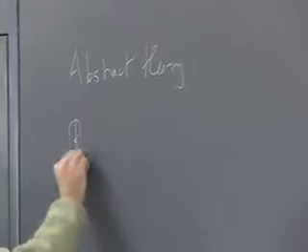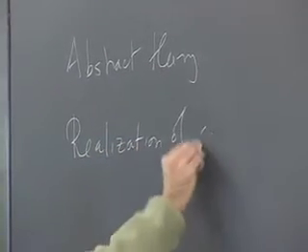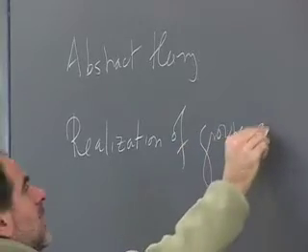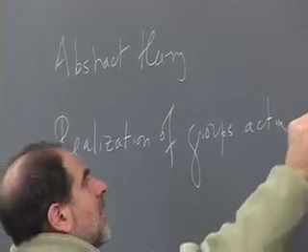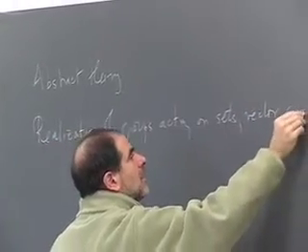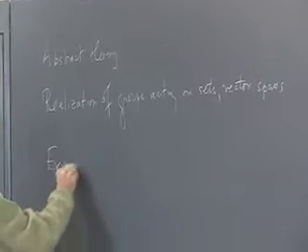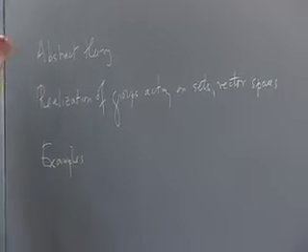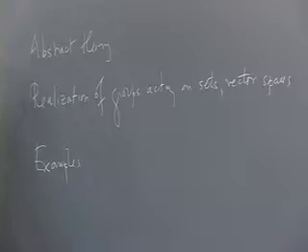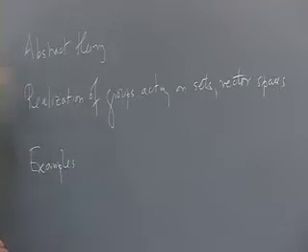There's the realization of groups acting on sets or vector spaces. And then there are the examples. And these things all feed on each other because the abstract Sylow theory lets us classify examples, for example, groups of order 15, et cetera. So there's a lot of interaction, but I would piece it together that way.